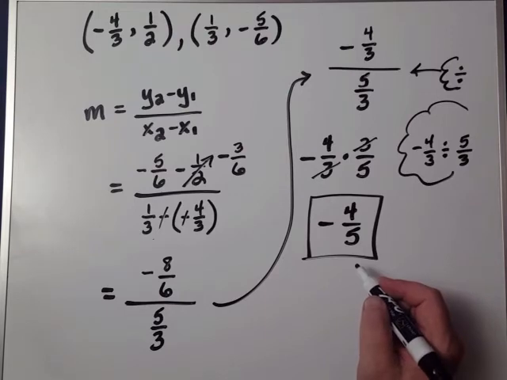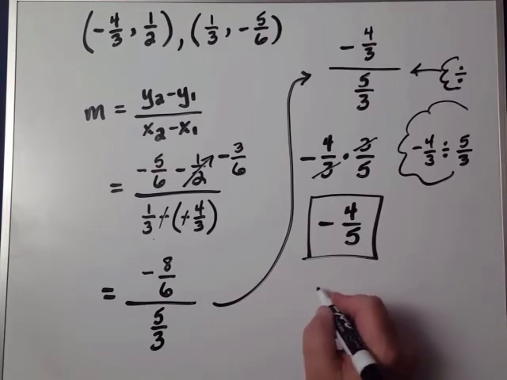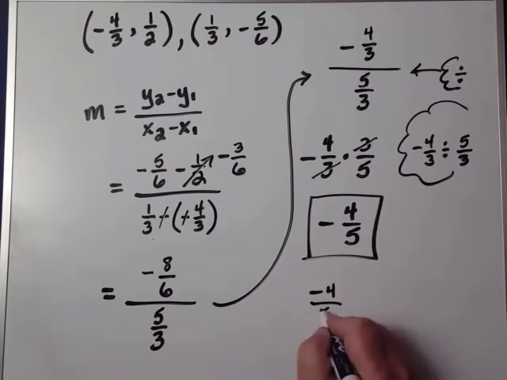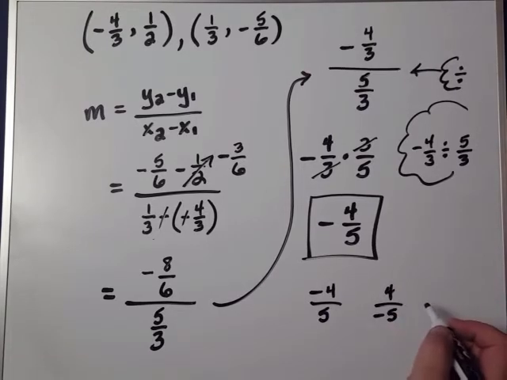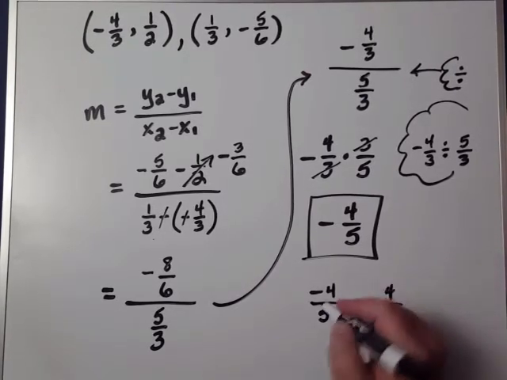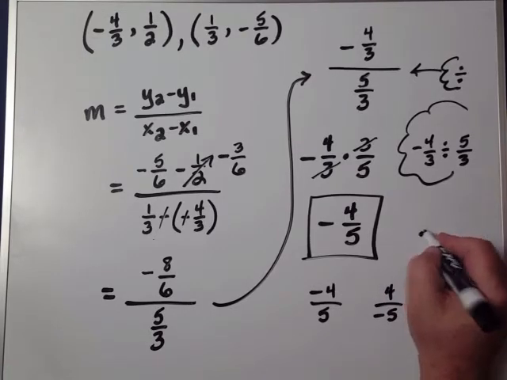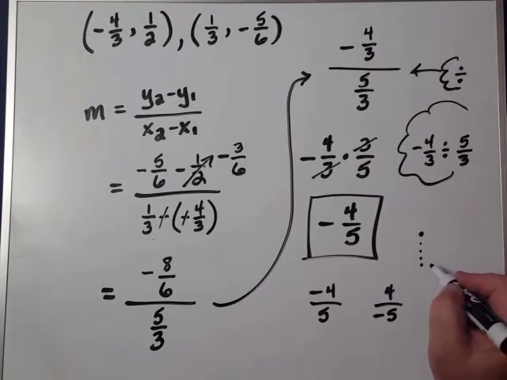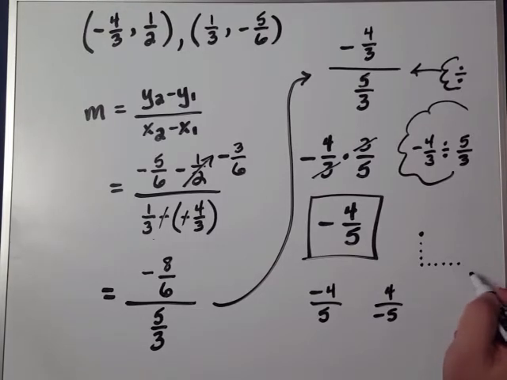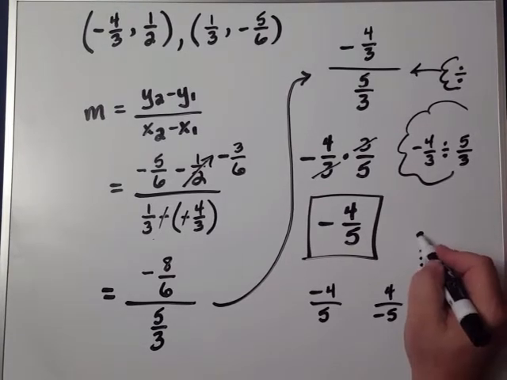What does this slope tell me? I could think of that as negative 4 over positive 5 or positive 4 over negative 5. And it's basically saying that every time I go from one point to the next, if I go down 4 units and over 5, that'll put me right back on the line.